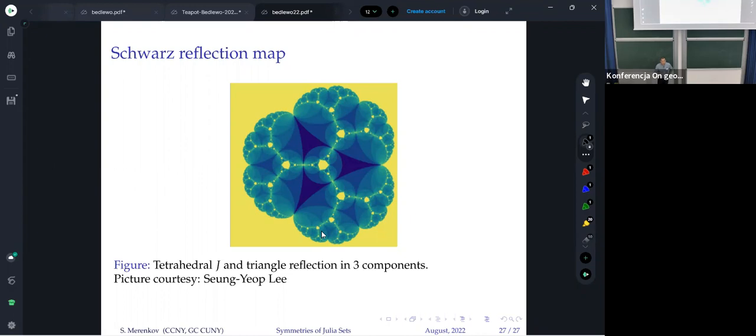So we don't have one unified theory. If you would give me a Julia set we didn't consider, I probably would not know what kind of group it supports as a quasi-symmetry group. Unfortunately not. We have examples of finite groups, infinite countable, infinite uncountable, but no clear, nice classification in general.